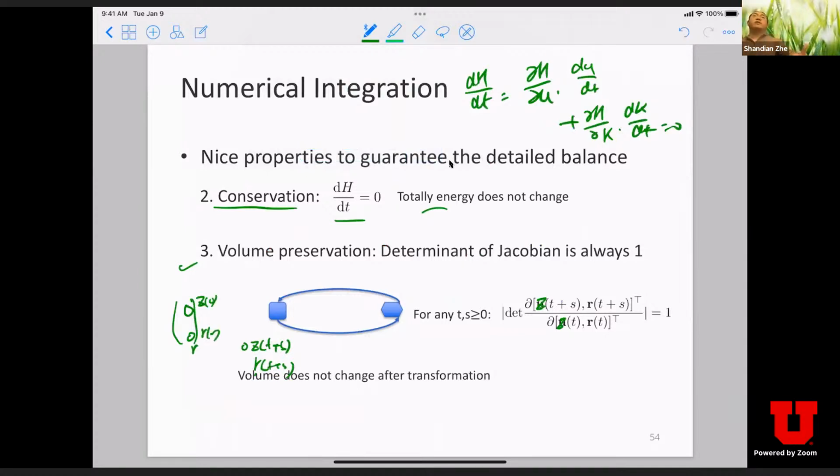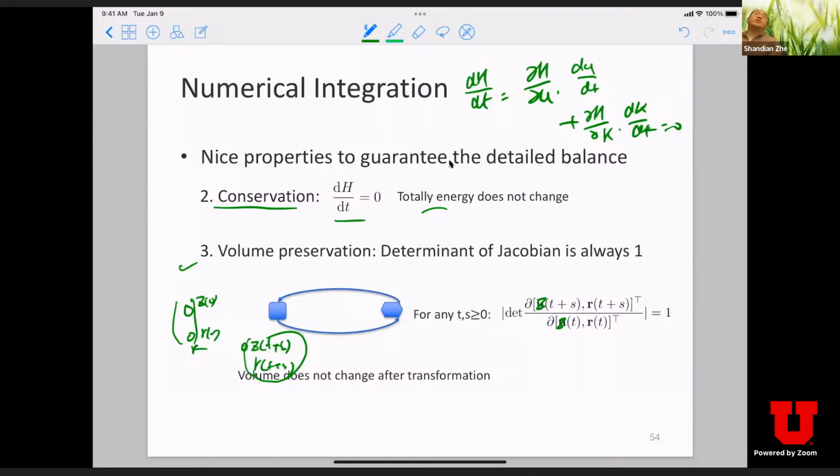Z0 and R0 are random variables, so at any state, Z and R are random variables as well, because a function of a random variable is still a random variable. It just tells you that if you compute the Jacobian of the state at any time with respect to the state at any previous time, the determinant of this Jacobian is 1.